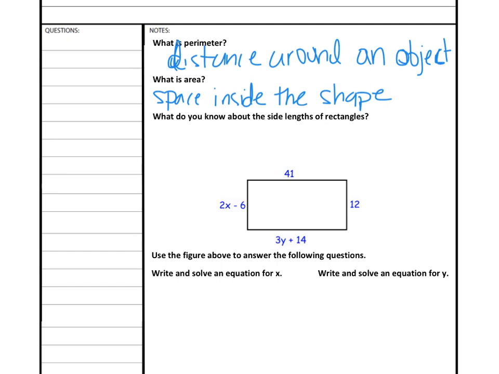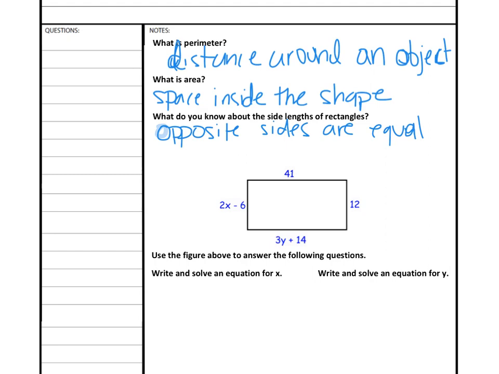So that means that the side length 41 is going to be equal to the side length 3y plus 14, and the side length 2x minus 6 should be equal to the side length 12. So let me write that: opposite sides, or sides across from each other, are equal. They have the same measure.